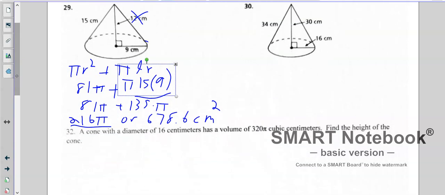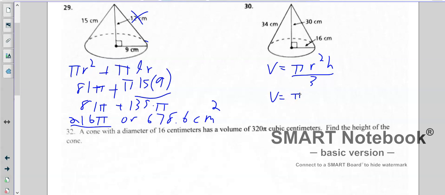All right, volume, which we've already done. But this time we're doing a cone. So it is pi radius squared times the height divided by 3. Pi is easy enough. The radius squared times, this time, the height.